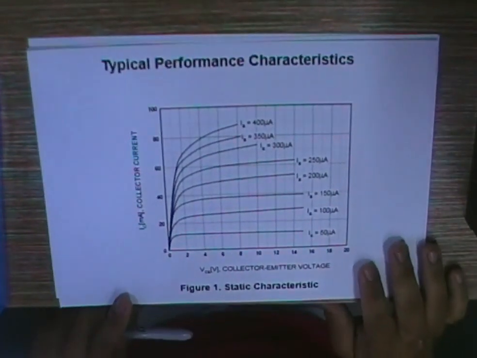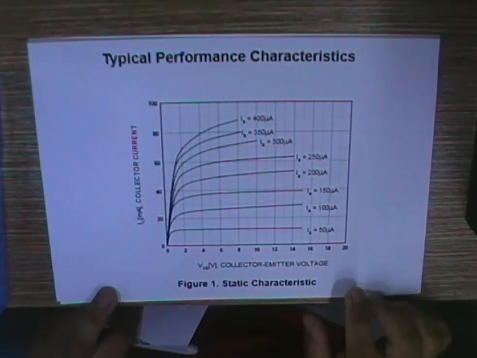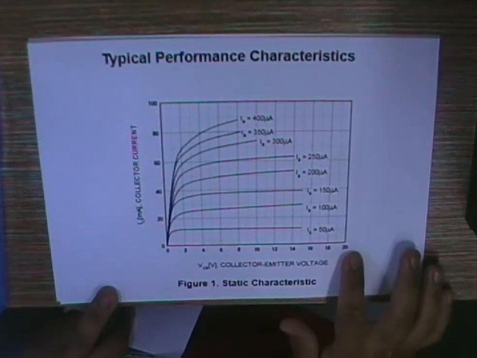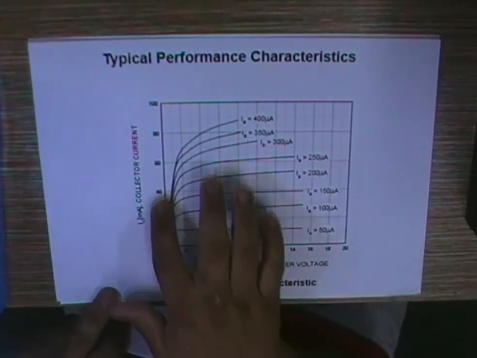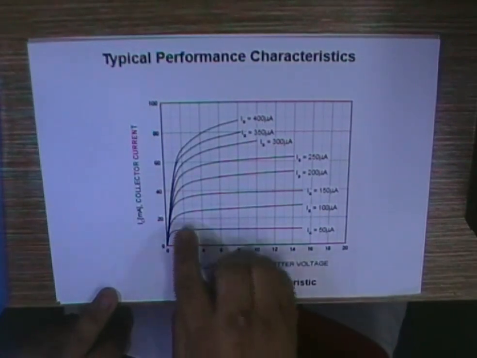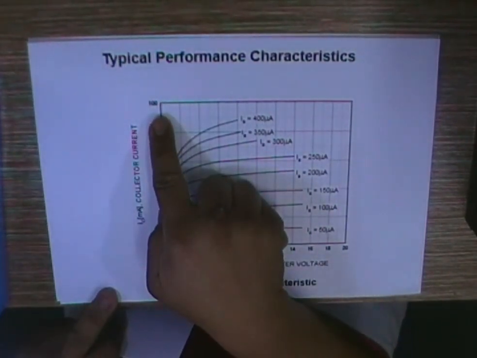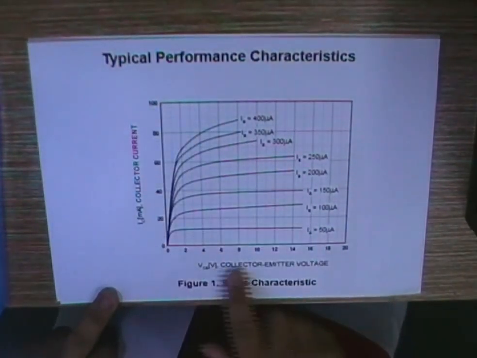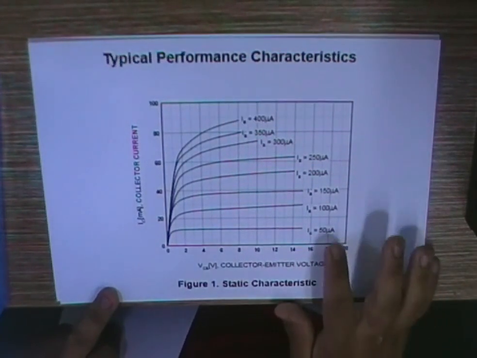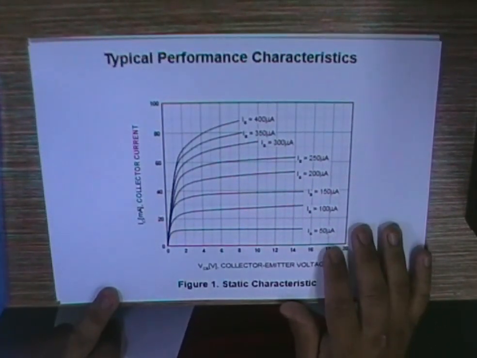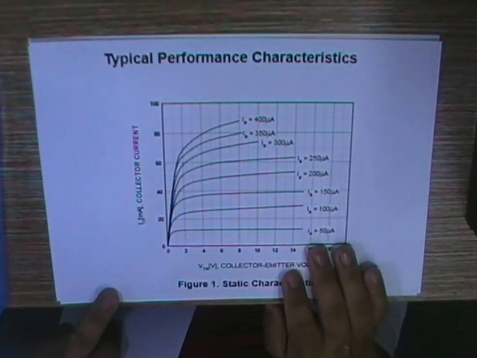So in this example, you can see that this is VCE, and then this is IC. You can see the current is very high, 100 milliamps, and this is 20 volts. So this is typically for large signal, where you are producing a very high current to the amplifier.